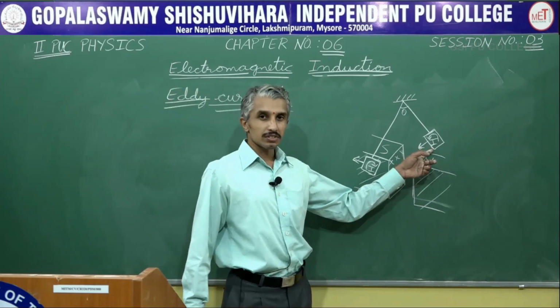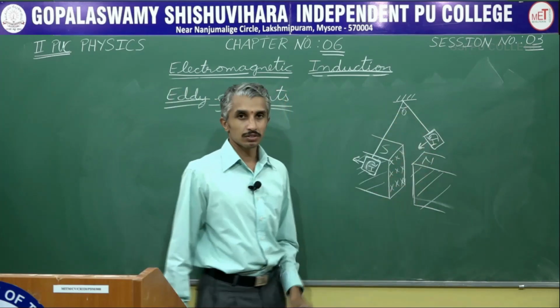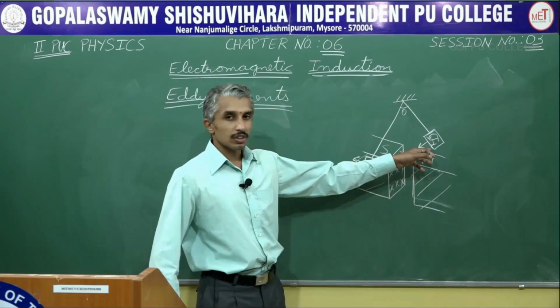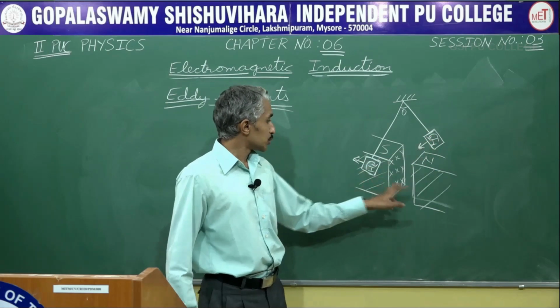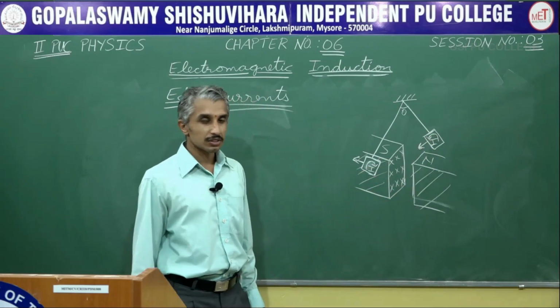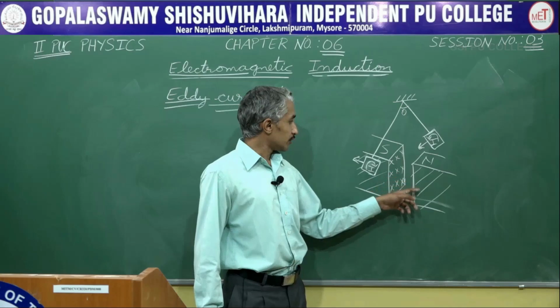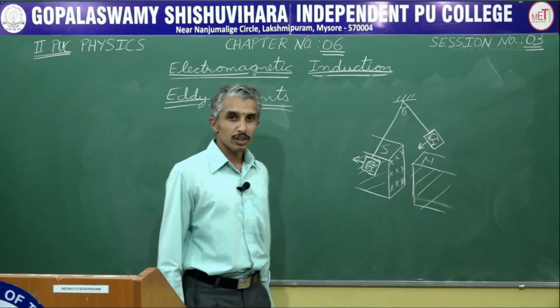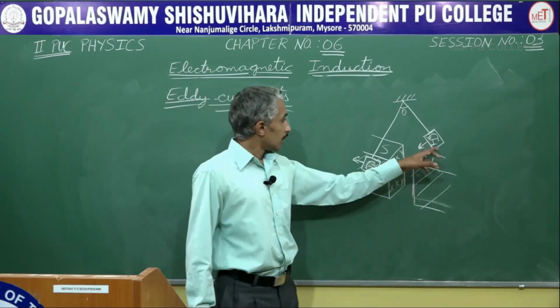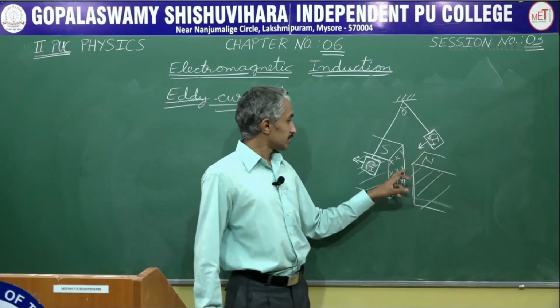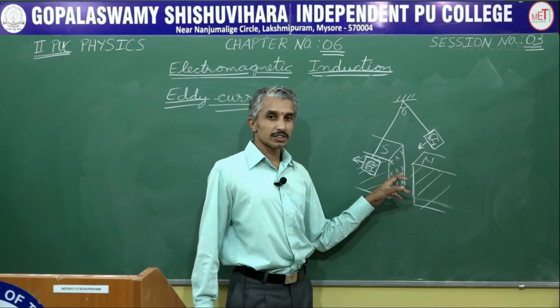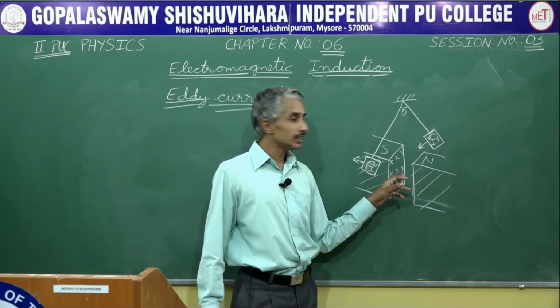A copper piece is tied to a string. The copper piece, or a copper metal conductor, is allowed to oscillate between two magnetic pieces. So, there is magnetic field between these two poles of a magnet. As the copper moves inside, it experiences a change in magnetic flux or magnetic field.